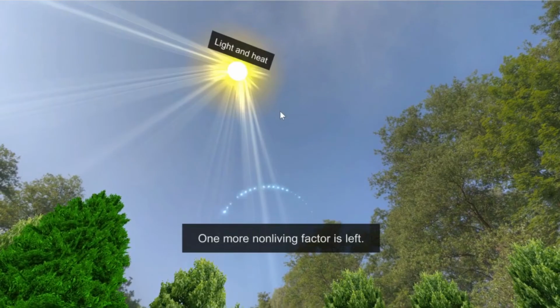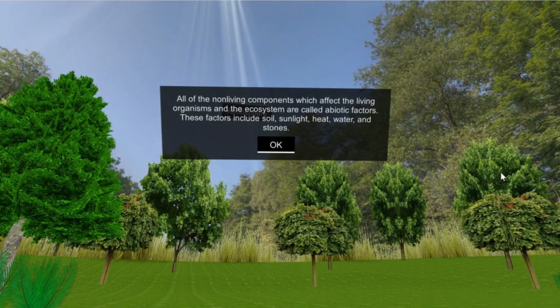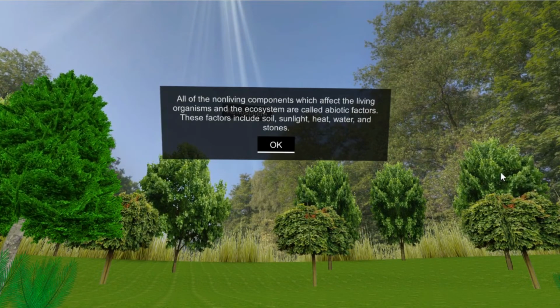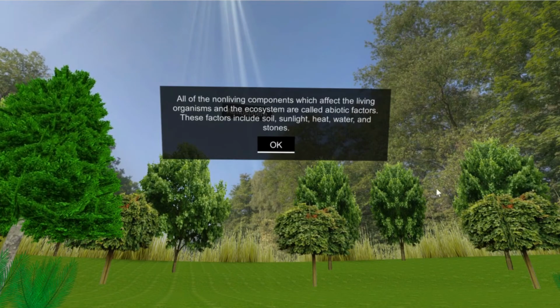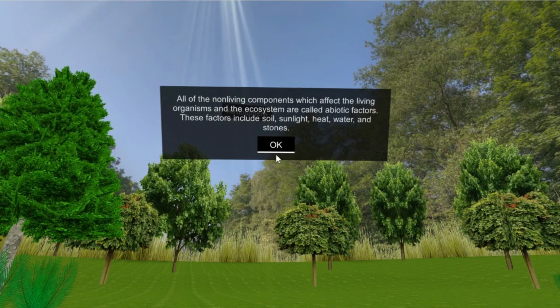One more non-living factor is left. All of the non-living components which affect the living organisms and the ecosystem are called abiotic factors. These factors include soil, sunlight, heat, water, and stones.